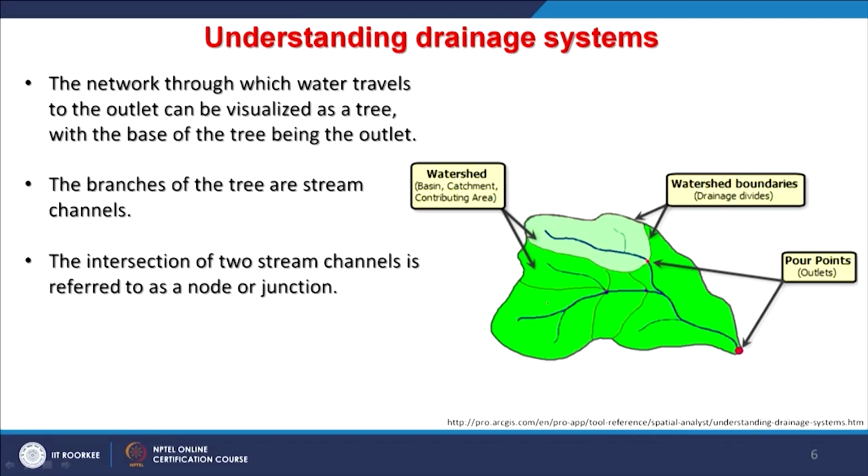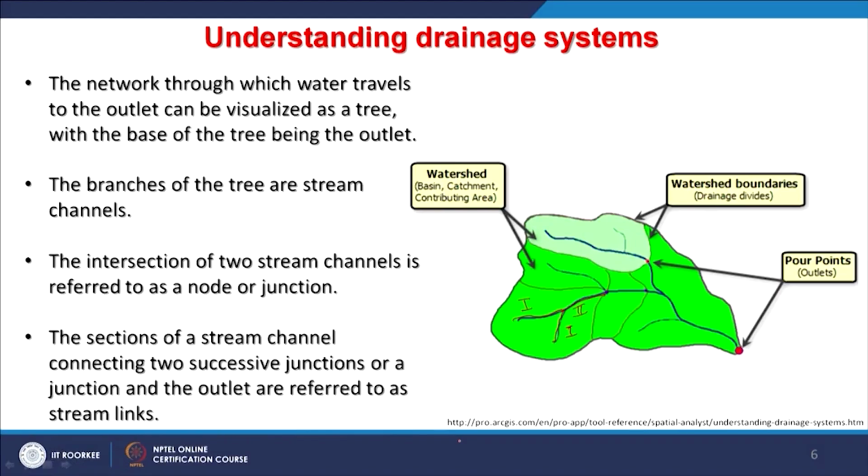So in GIS, here this may be one first order stream, and this is also first order. Now when two first order streams meet, they become second order, and likewise we keep adding. So that means the intersection of two stream channels is referred to as a node or a junction, and downstream it may become another order.